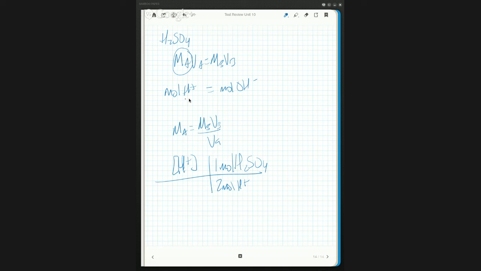However, if you're solving for MB, it's MB is equal to MAVA over VB. This is where the concentration of H2SO4, for every 1 mole of H2SO4, is 2 moles of H plus.